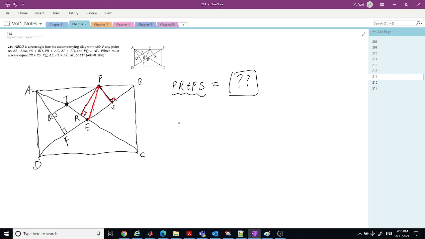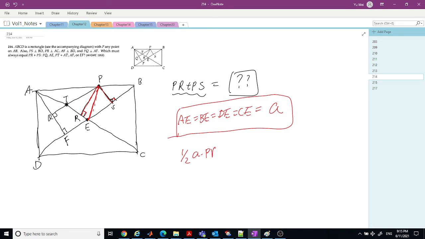So let's assume that AE equals BE equals DE equals CE equals A, okay? Then you can see half of A times PR is the area of triangle APE, and half of A times PS is the area of triangle PEB. So then you add them together, right?